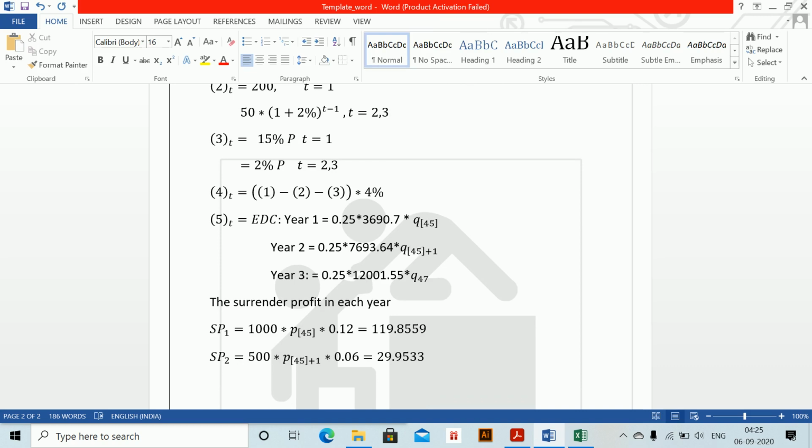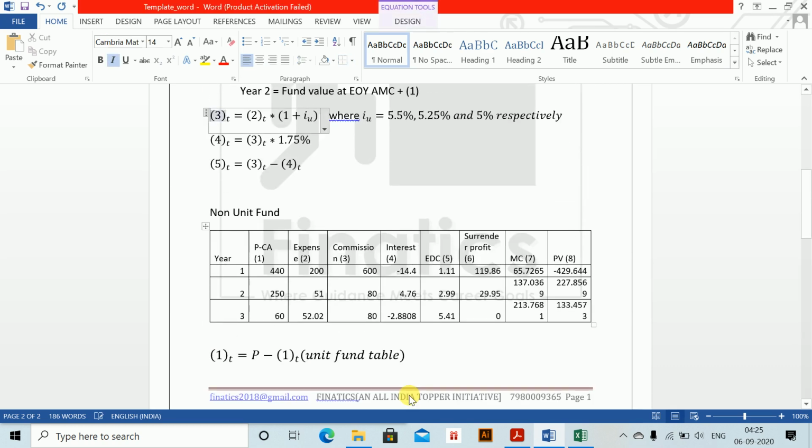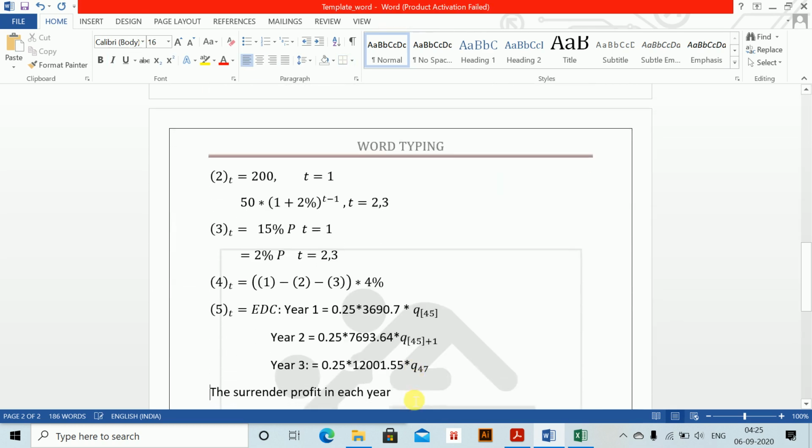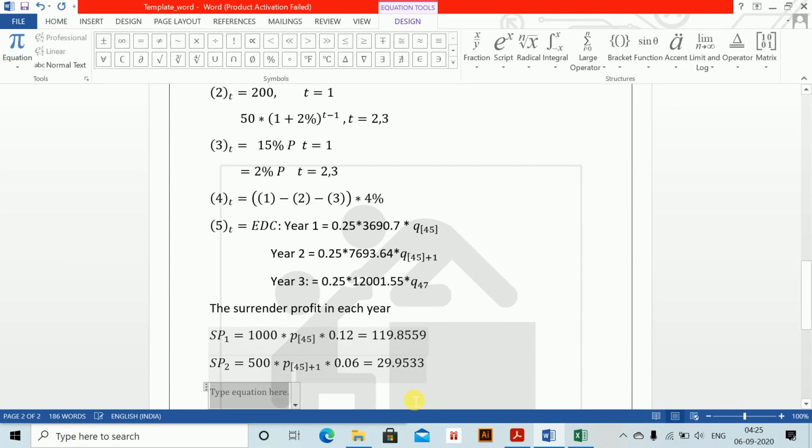Now the last one is fund management charge, which is from the table above, and 8. So just write 7_T. See, just go up.